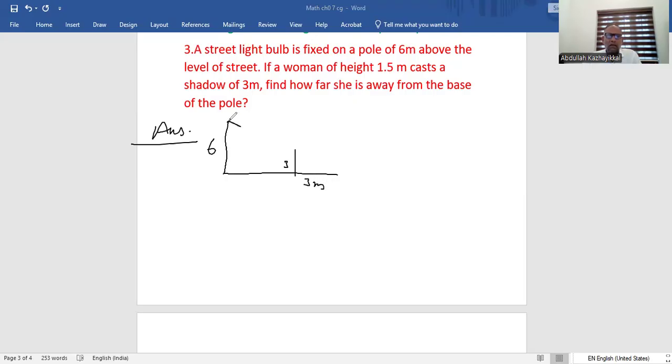Now join the triangle. You are getting the triangle, right? You can give the names A, B, C, D, E. D is the woman.